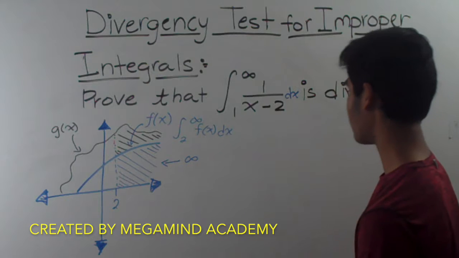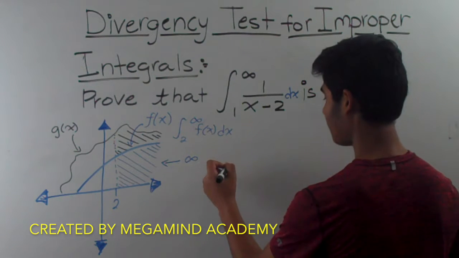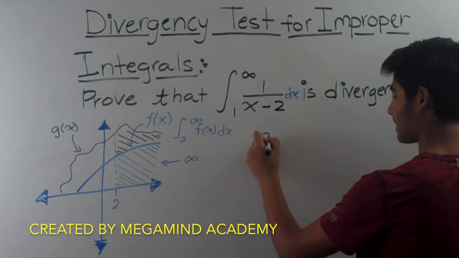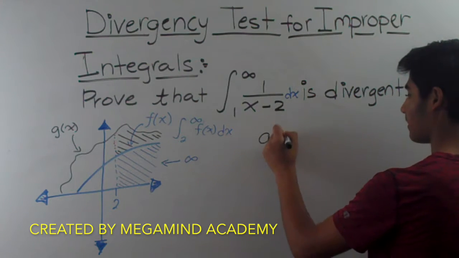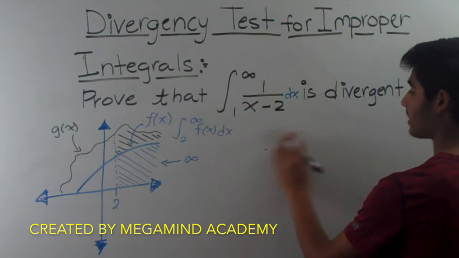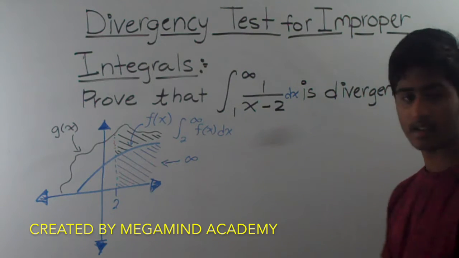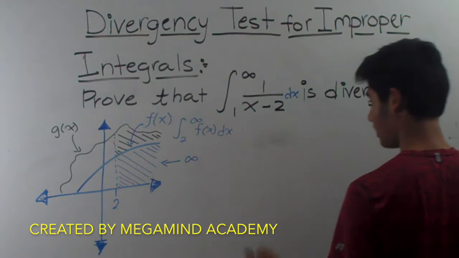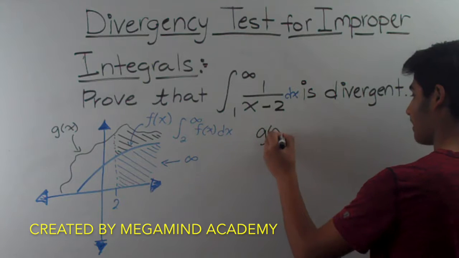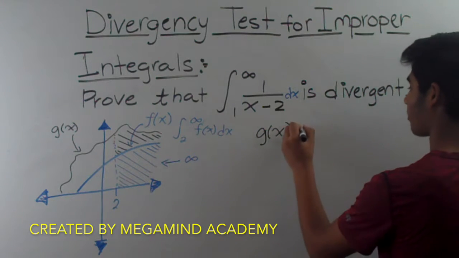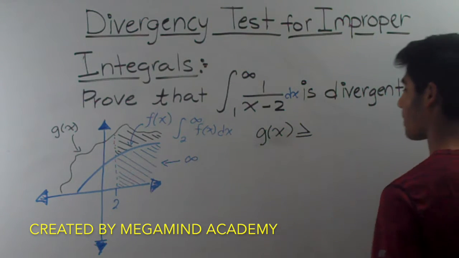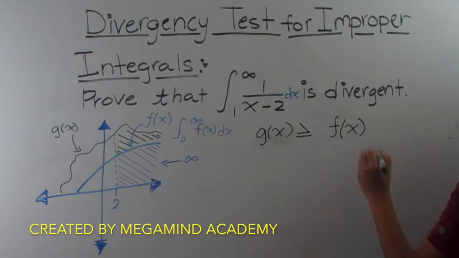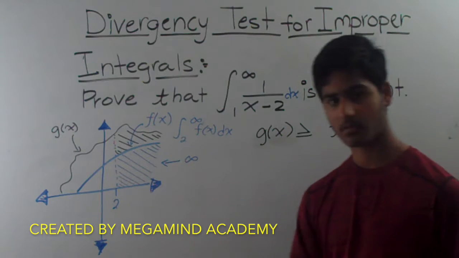So let's make a rule for this. Let's say g of x is what we want to find, so we want to find whether g of x is divergent or not. Then we would say, if g of x is greater than or equal to f of x, but now we need a specific domain. So how do we do this?